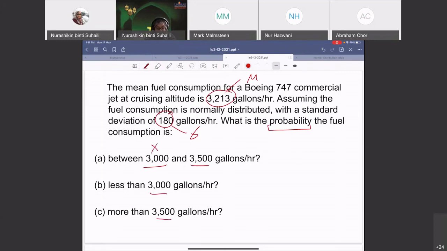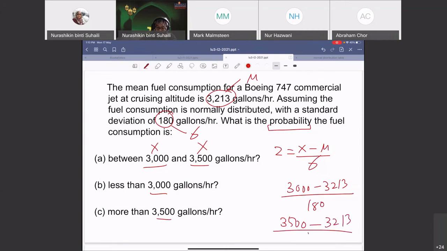So this is actually X, right? You have to transform it into Z using the Z formula. You have to solve it for both of the values, like 3000. 3000 minus mu, which is 3213, divided by 180, and then for the 3005 you get another Z value, also divided by 180, because it's two sides.